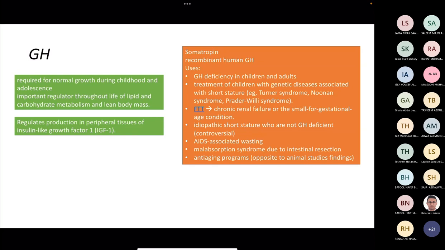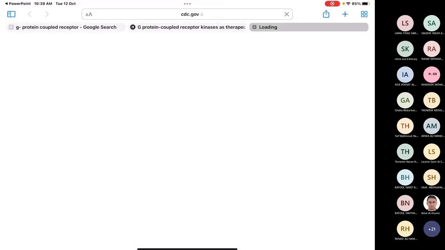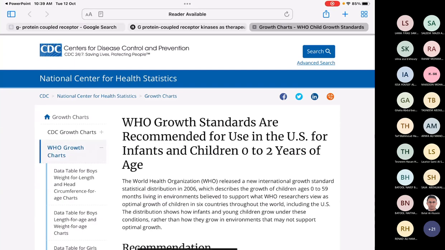Of course, when your baby is growing, you have to check their length and weight for a certain period of time, maybe for two years. You have to look at something called the head circumference. There are some growth charts found on many websites. Okay, this is the website of the CDC, the Centers for Disease Control and Prevention.